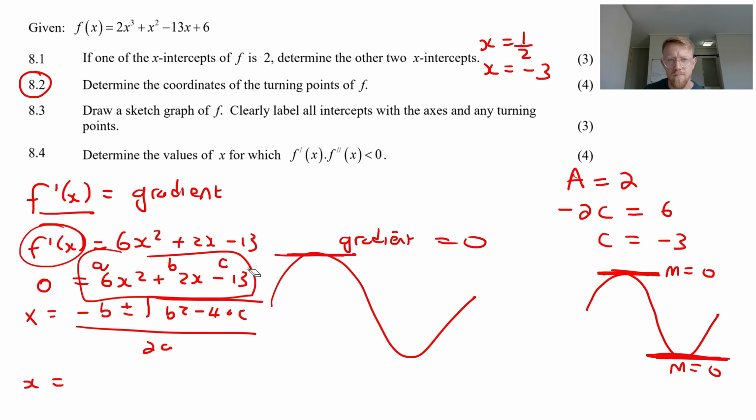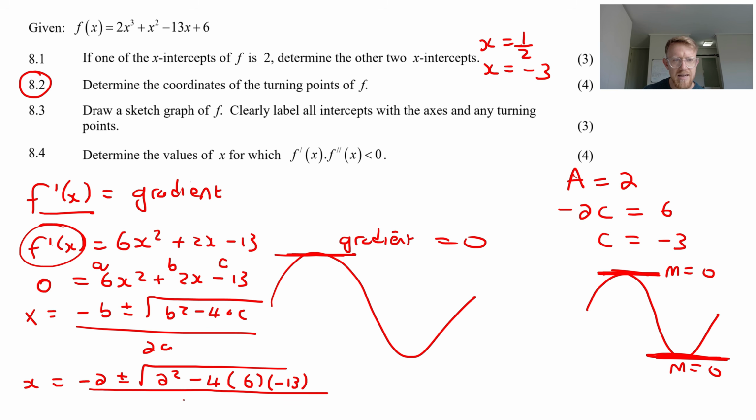If we fill that in, it's minus 2 plus minus 2 squared minus 4, now a is 6, c is minus 13, and a is 6 again. Okay, and so if you work out your x values there, you should end up with 1.31 or minus 1.65.